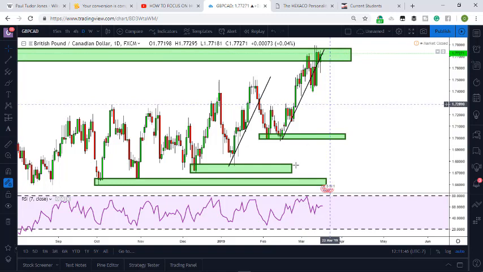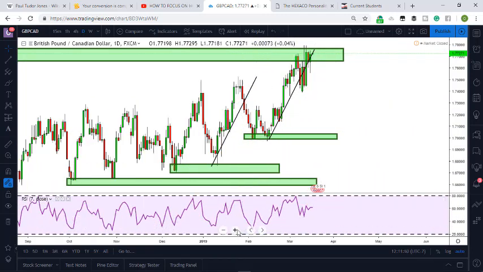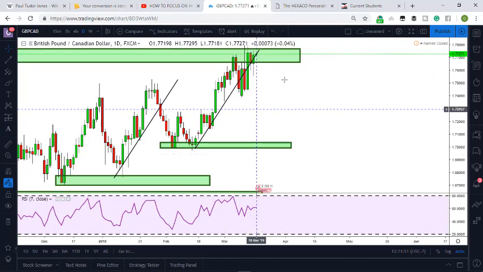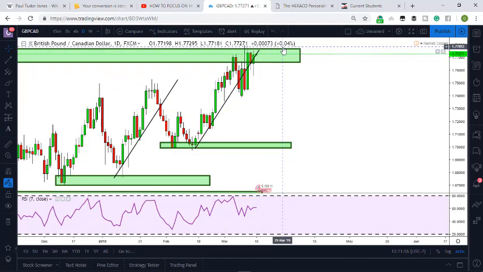And a significant thing that happened on this level of structure is that we have a completion of the ABCD pattern. If you take a closer look, price action doesn't give us a close above this point where we get the completion of the ABCD pattern. Price action is respecting this level and always closes below the end of the D completion.